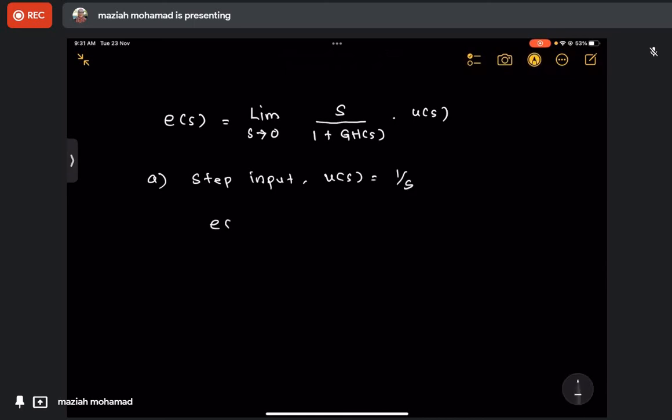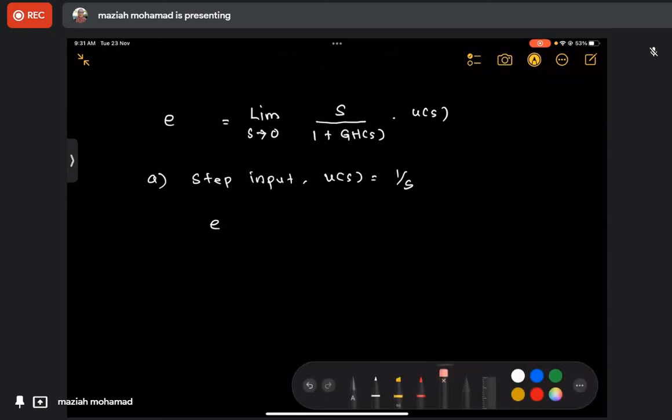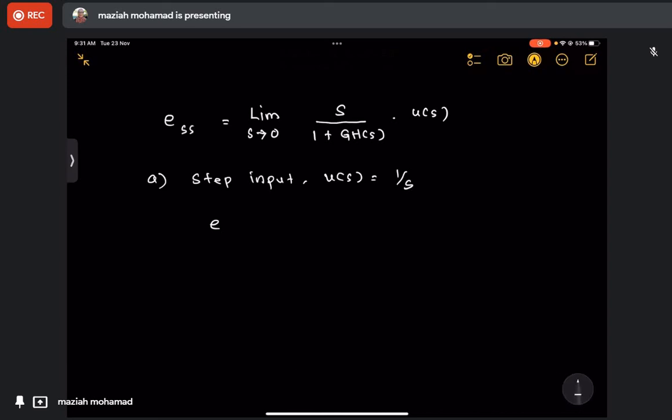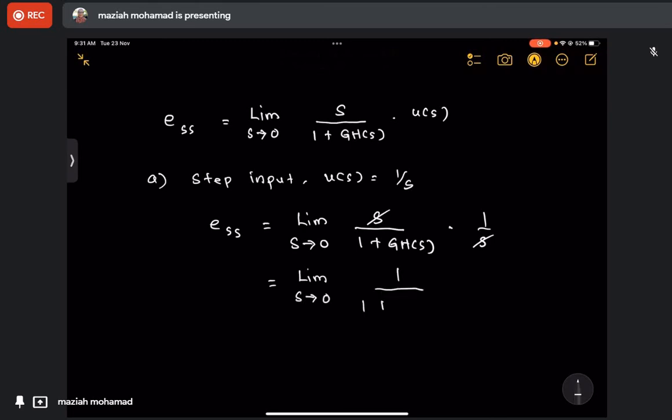I'm not supposed to write error S here, it is steady state error. Steady state error equals limit S goes to 0, S over 1 plus GHS multiplied with 1 over S. We cancel this, so it is left with limit S goes to 0, 1 over 1 plus GHS.